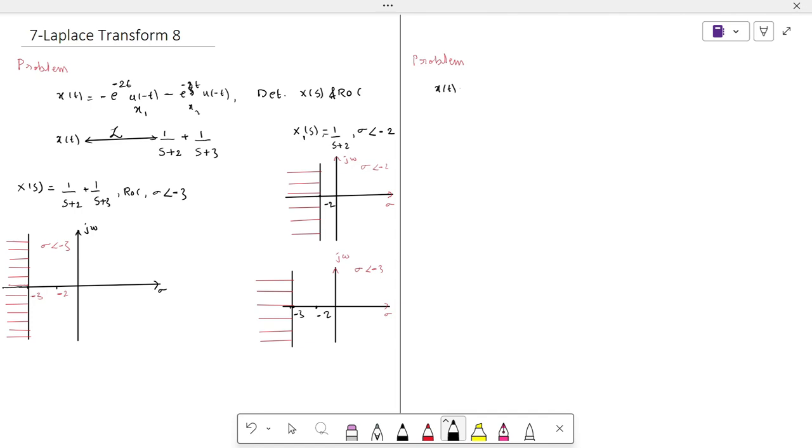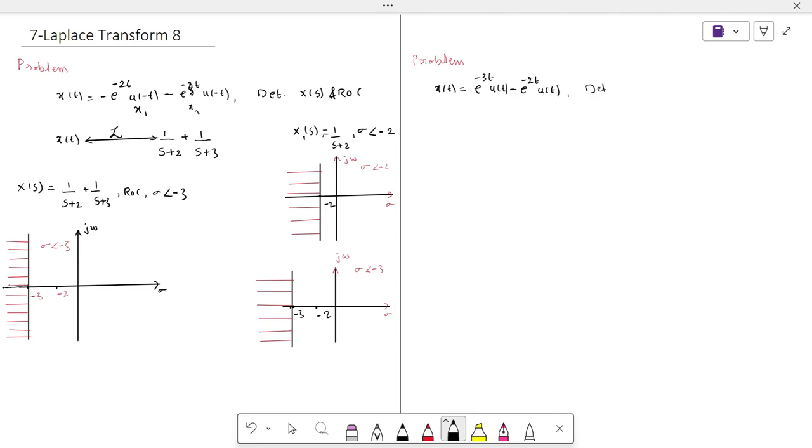x of t equal to e power -3t into u of t, minus e power -2t into u of t.